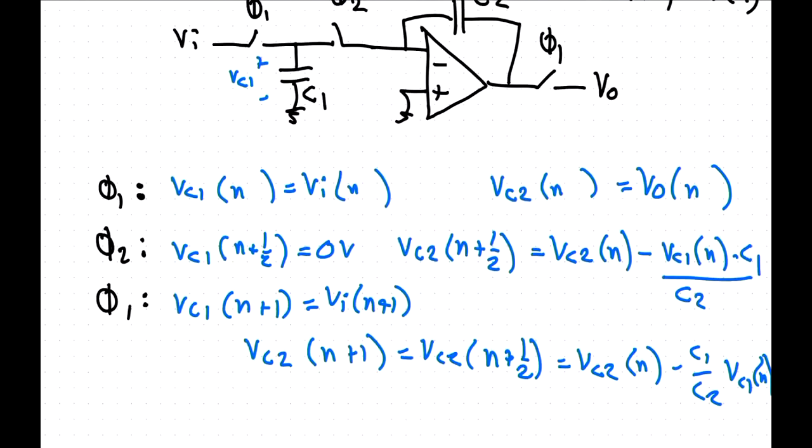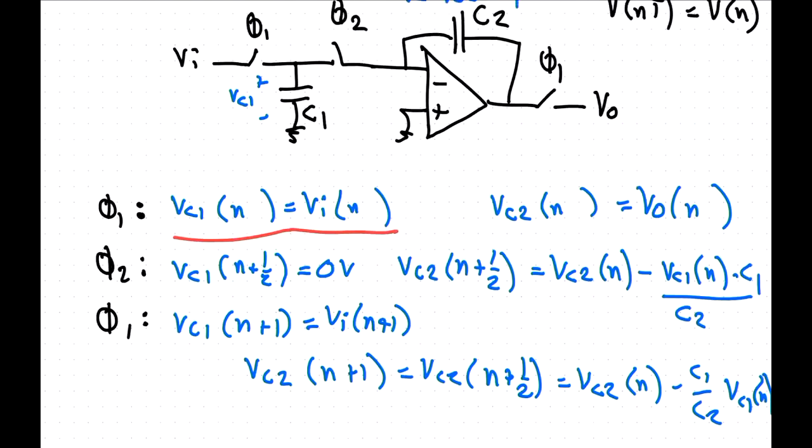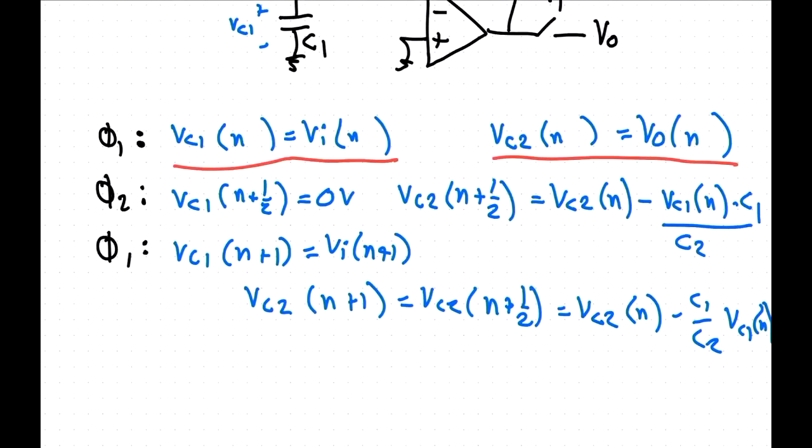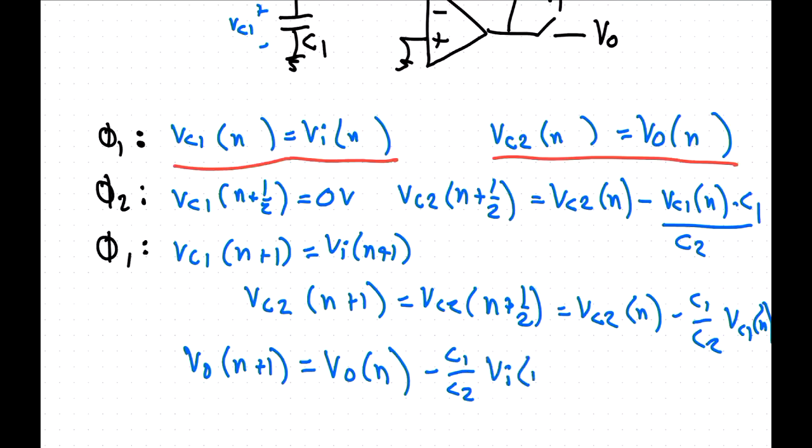Now Vc1 of n was equal to Vin of n, and Vc2 is equal to Vout of n. So instead of having Vc2, I can write Vout of n plus 1 equal to Vout of n, so this is this one and that one, and then minus C1 on C2 times Vc1 of n, which is Vin of n.